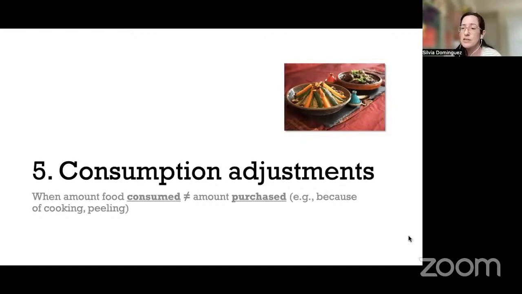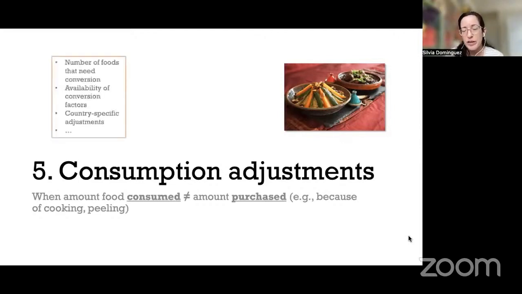Now, to be honest, this is a very important step, but it may be time-consuming. We need to consider, for example, the number of foods that need conversion. It may be a lot. And also we need to keep in mind that some conversion factors are available in the literature, but others may not be and may need to be determined experimentally.